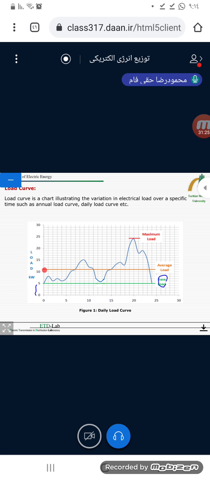We have average load, which is the average of the load in 24 hours. And the maximum load. In the load curve, we have base load, average load, and maximum load. Do you have any question?